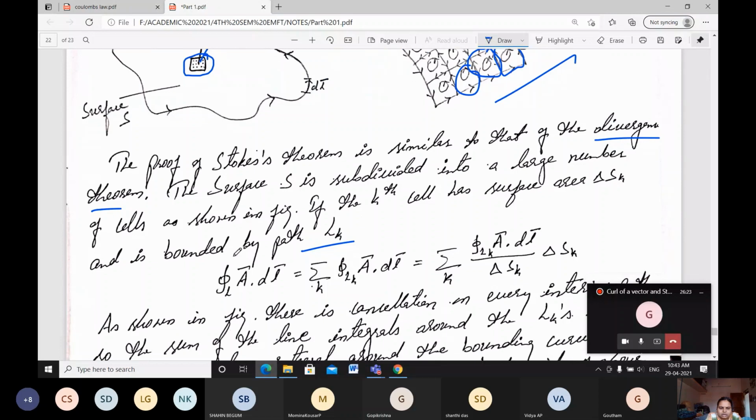Then the closed integration over the path L of vector A dot dl is going to equal the summation over k of the closed integration, where the path is taken for the kth element, Lk, of vector A dot dl.